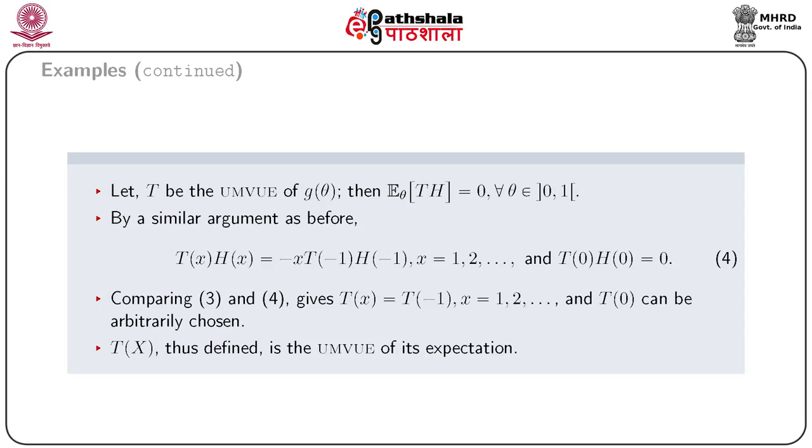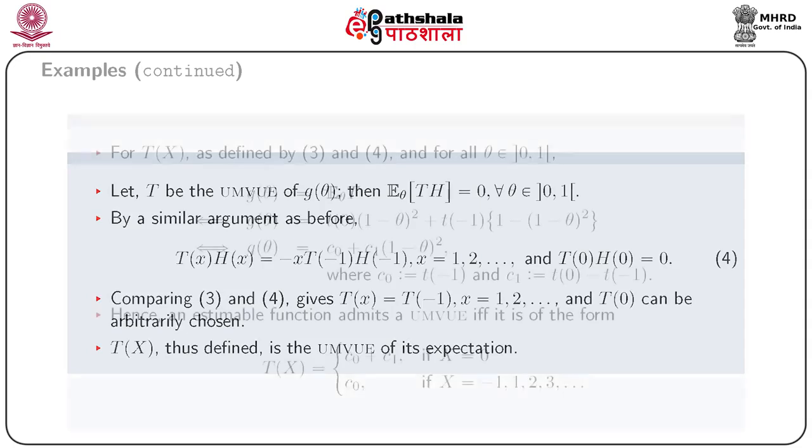We write this as equation 2. Comparing equation 1 and equation 2, we get T(x) = T(-1) for x = 1 up to infinity, and T(0) is arbitrary. T(x) is thus defined as the UMVUE of its expectation.